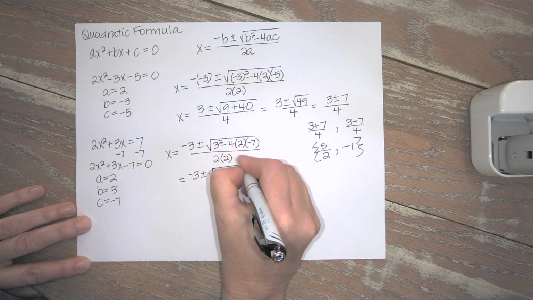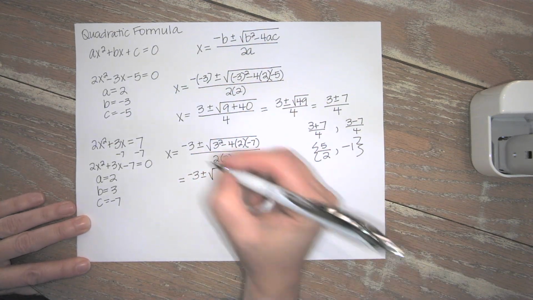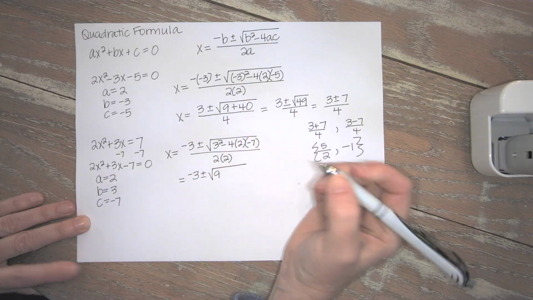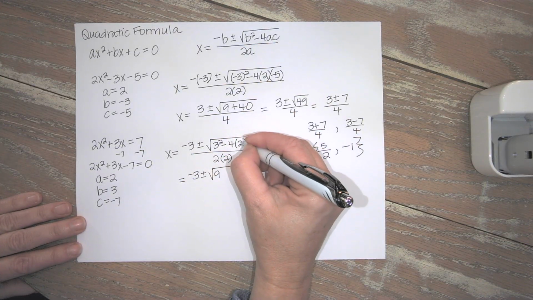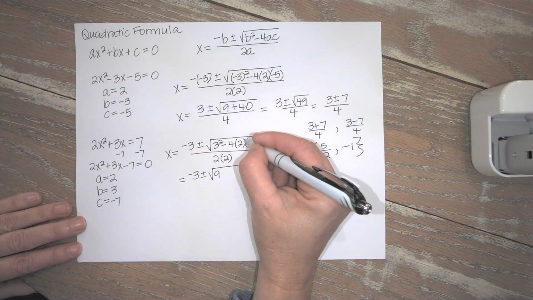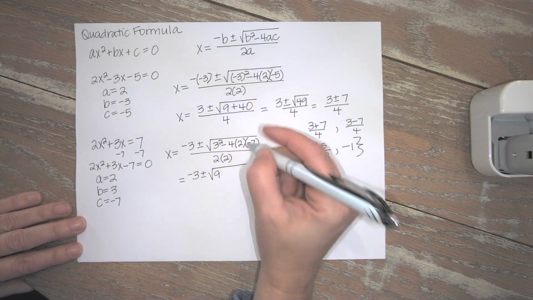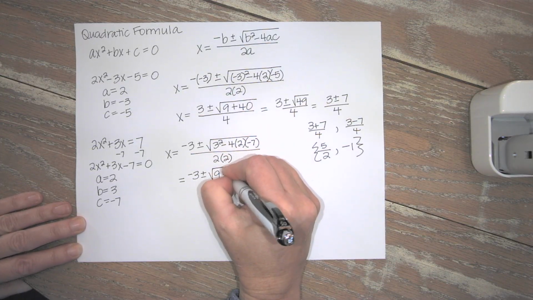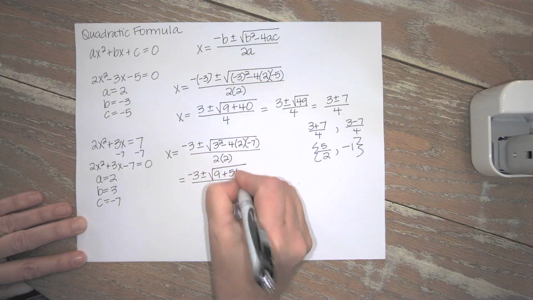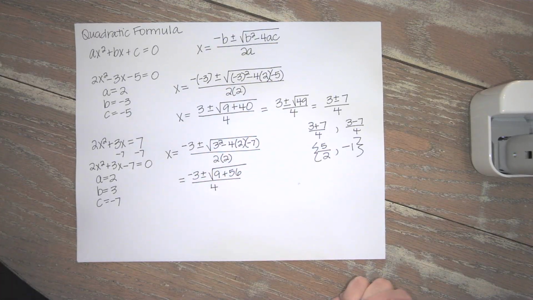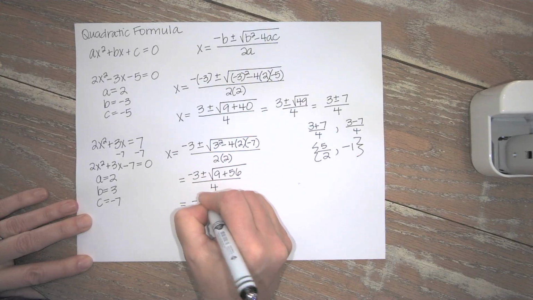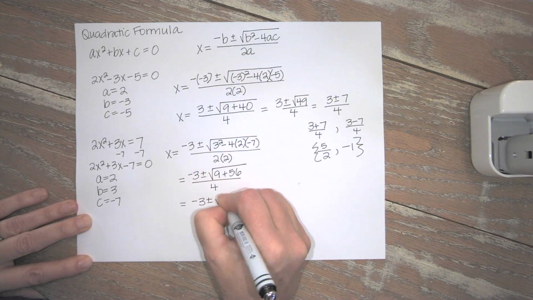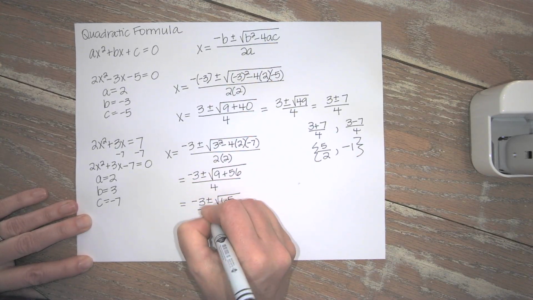Let's start simplifying what we've got under the radical. 3 squared is 9. Negative 4 times 2 is negative 8, and then negative 8 times negative 7 is positive 56, all over 4. All right, then 9 plus 56 is 65.